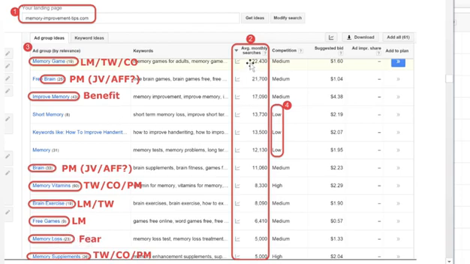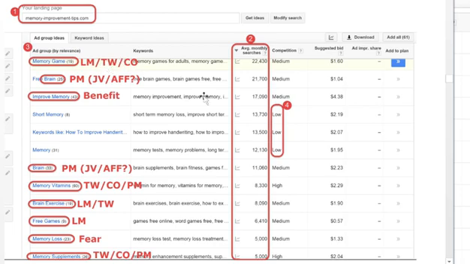So it's really cool when you're thinking about lead magnets to look at the monthly searches, because the most people, 22,430 according to Google, are looking here for memory games. And since there's so many more people looking for memory games than my next lead magnet of brain exercise, which only has 8,000 people, I'm probably going to get a lot more response and a broader market from people looking for memory games.